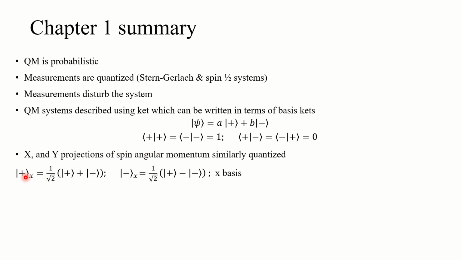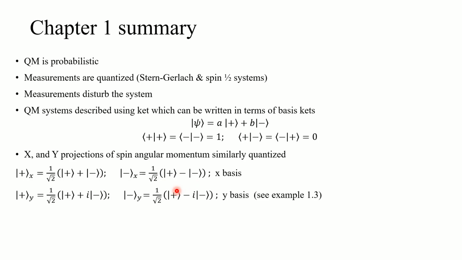And if we wanted to write the spin up in the x direction or spin down in the x direction states in terms of our z bases, we saw that they were just 1 over root 2 spin up plus spin down, or 1 over root 2 spin up minus spin down.